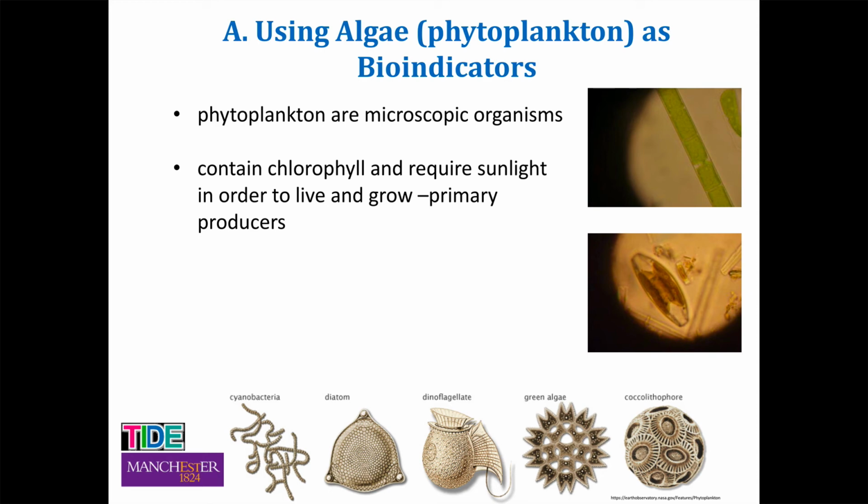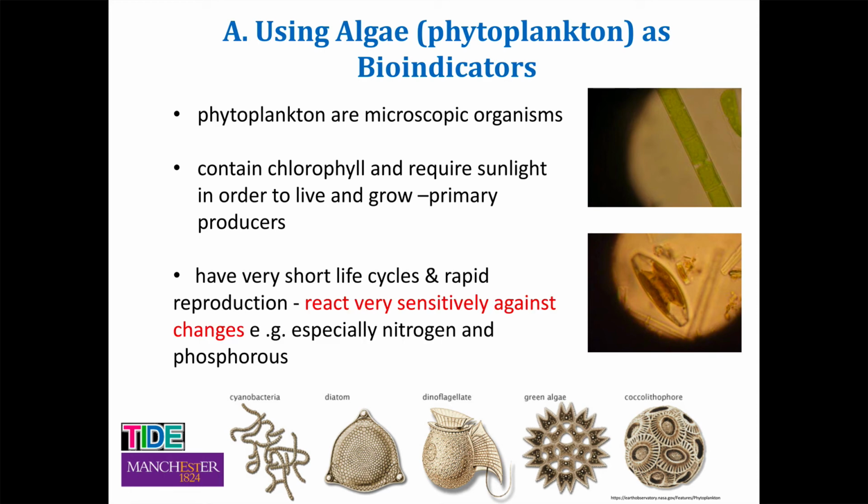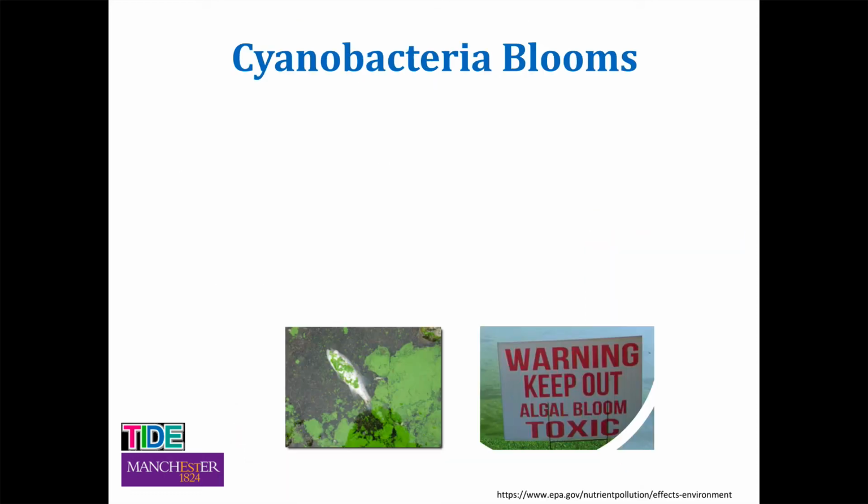Here we have some examples of algae that you find commonly in lakes. Phytoplankton have very short life cycles and rapid reproduction, so that means that they react very sensitively to any changes, especially nitrogen and phosphorus.